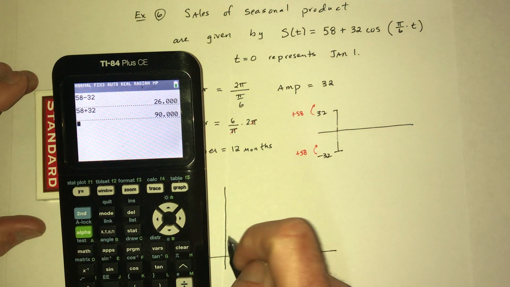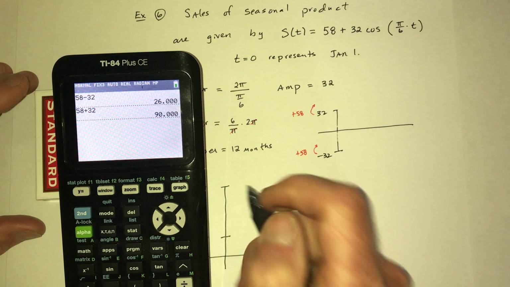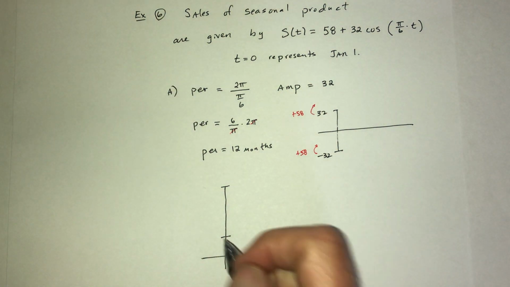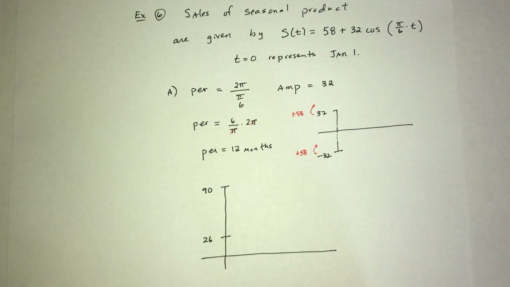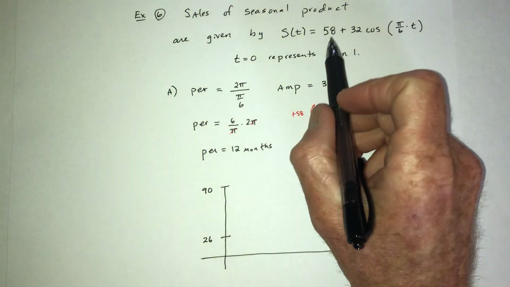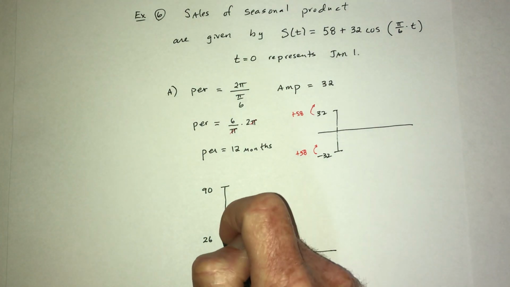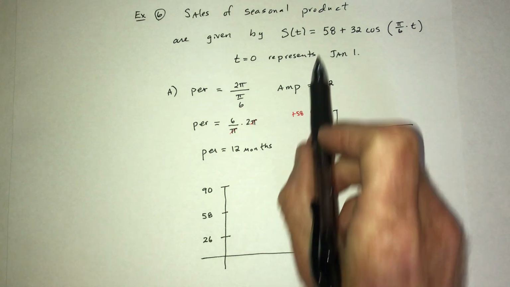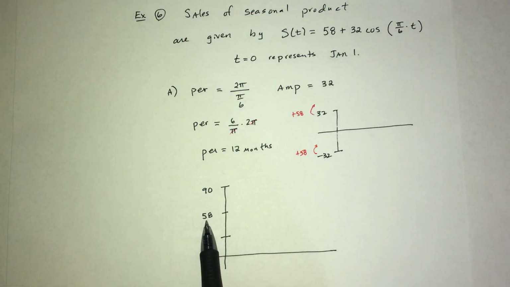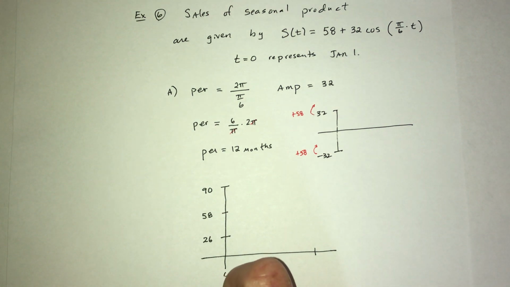So it's going to go from 26 to 90. And then also whatever number this is, that's what's in the middle right here, 58. Because basically it's going 58 plus 32, so 58 plus 32 is 90, and then 58 minus 32 is 26. And this is going out from 0 to 12 months.